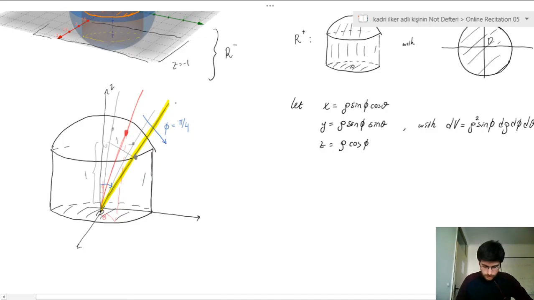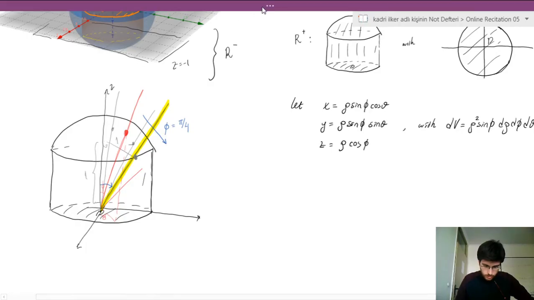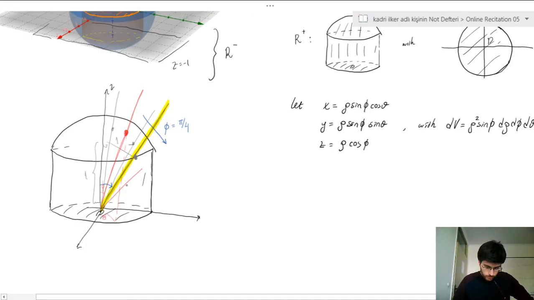But now after this highlighted one, if you throw a ray, now it hits, maybe I should use some other color. Now after you send a light beam, it hits some point, the green one, and leaves the region, right? This is exactly the terminal point where your light beam hits the region. This is exactly where the red light beam hits the region. But now the green point, let's say the point P, actually satisfies a different type of equation, right?